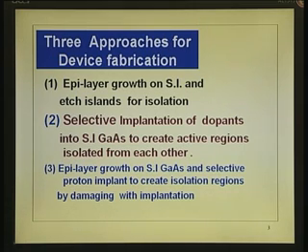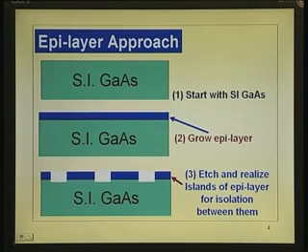Okay. Very popular technique is of course the epi layer growth on semi insulating substrate and then islands. I will just go into that in the form of figure. It is very easy to understand.